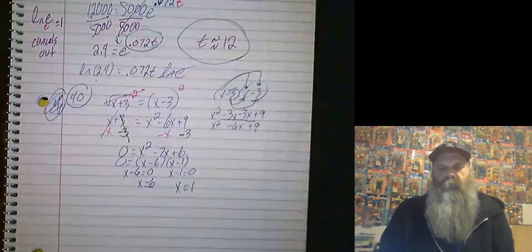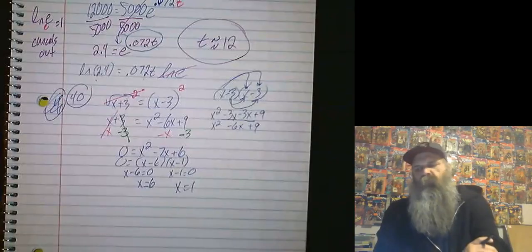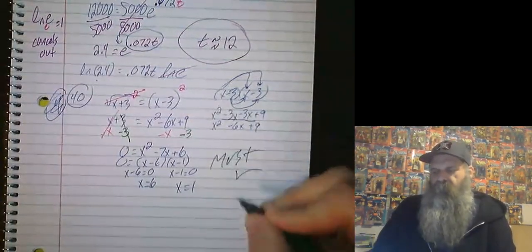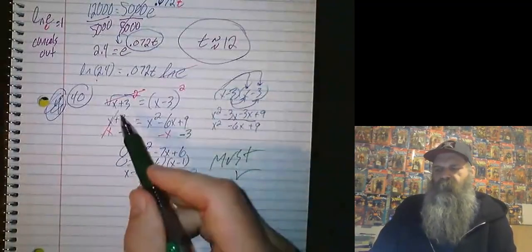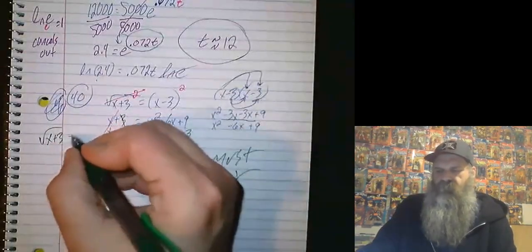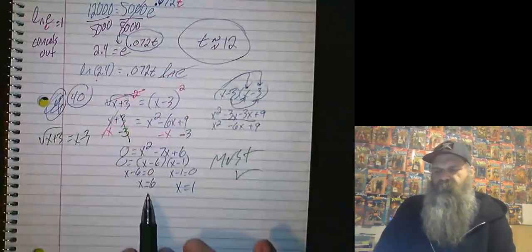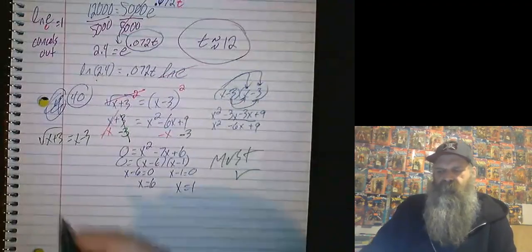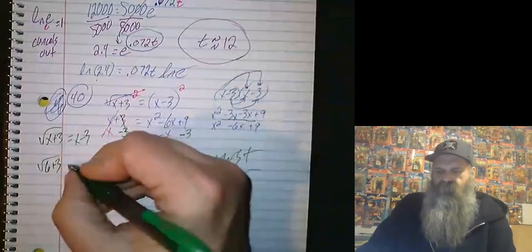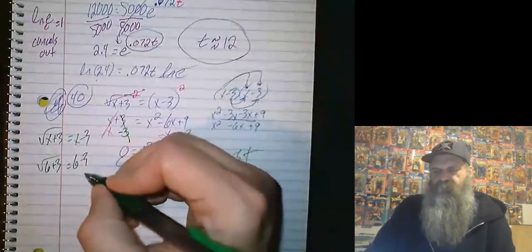Now, checking is always a good idea, but in a square root equation, you must check. So we need to go to the original equation, the square root of x plus 3 equals x minus 3, and plug in both solutions. So let's check 6.